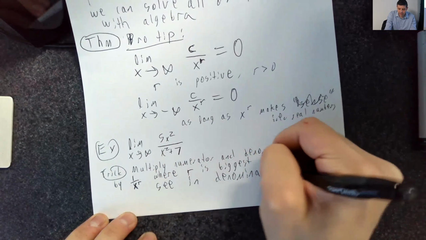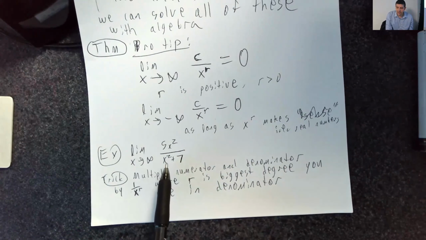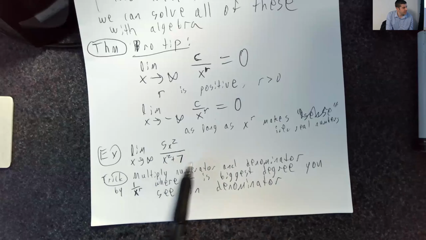It works for the numerator as well, but just to keep it consistent, use the denominator. Biggest degree means you look at the biggest term in the denominator. So what's the biggest, x squared or the 7? It's the x squared.